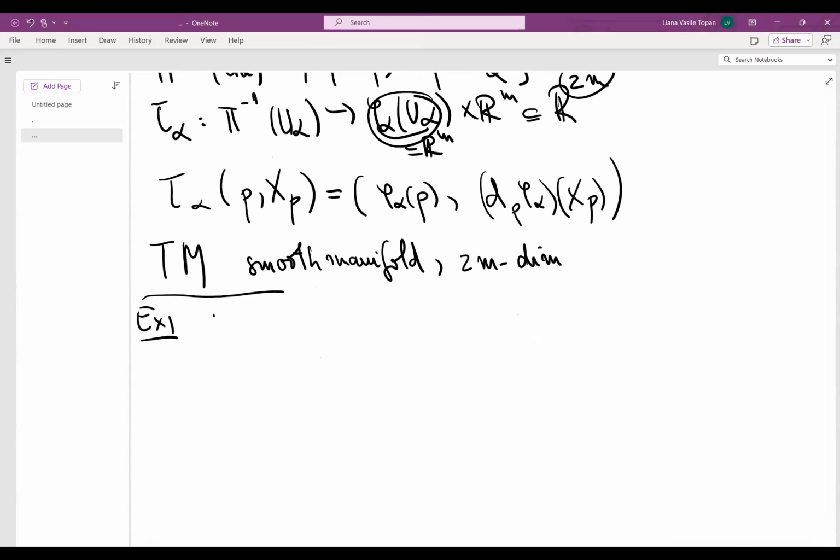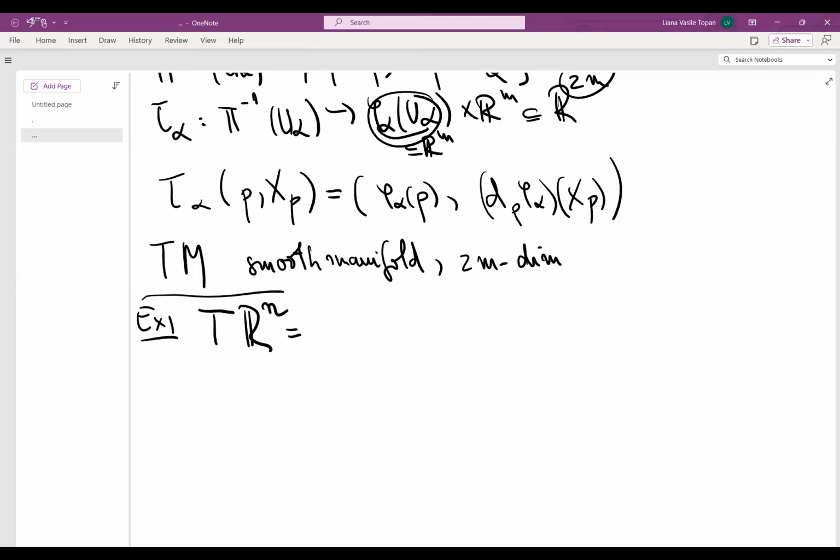So let's look, for instance, at the tangent bundle of the Euclidean space R^n. Let's see what it is. We know that R^n is a smooth manifold, n-dimensional. Every Euclidean space is a smooth manifold. The dimension is n. We can cover it with one single chart, where the domain is the space R^n itself, and the homeomorphism is the identity.